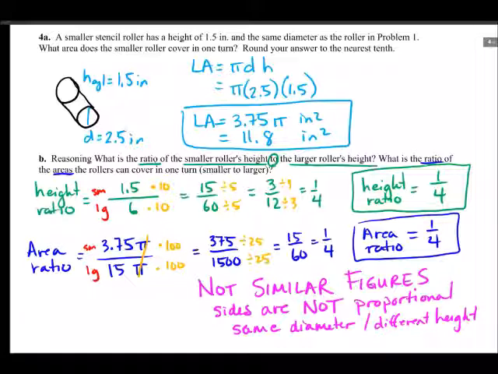So the diameter would have to change in proportion with the heights if we had similar figures. So good if you remembered that, but you have to be careful. These are not similar figures. So our area ratios for similar figures does not work.